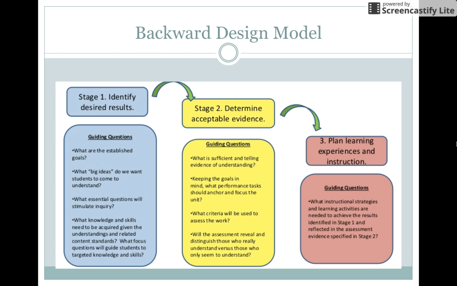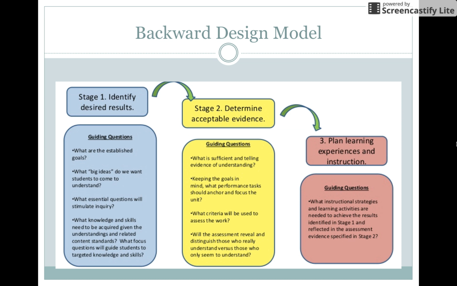And then it goes to stage 2, and that is determining evidence that shows that the students have met the learning goals. So this is creating your assessments, both formative and summative, and making sure your assessments align with your desired results.